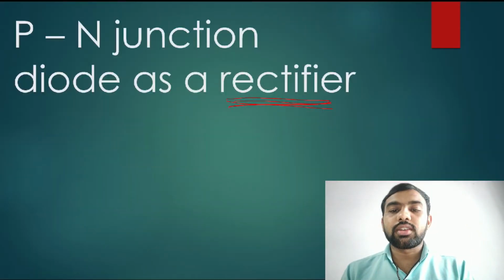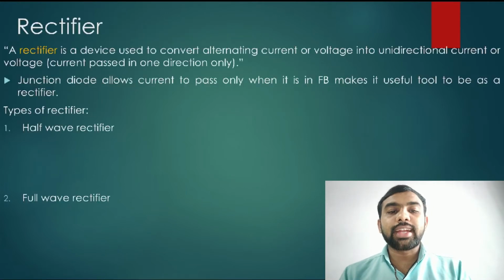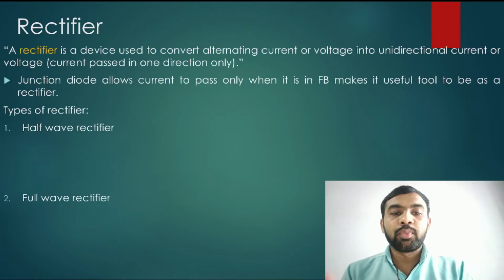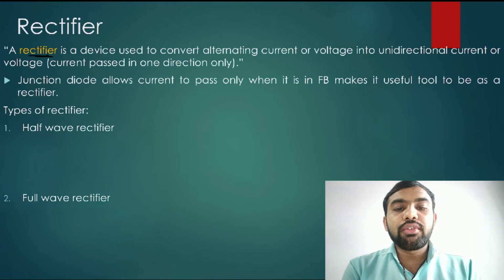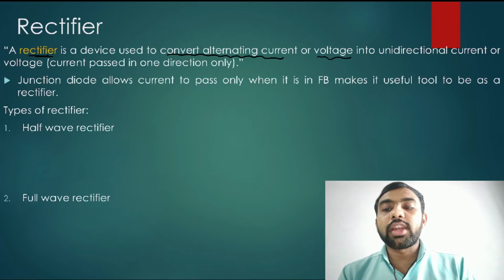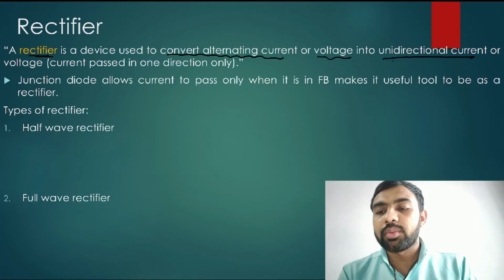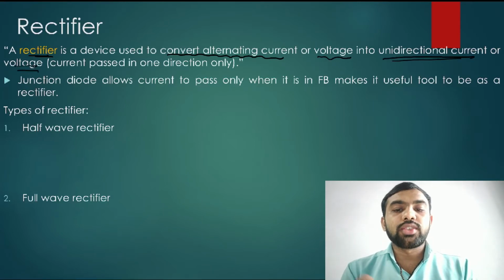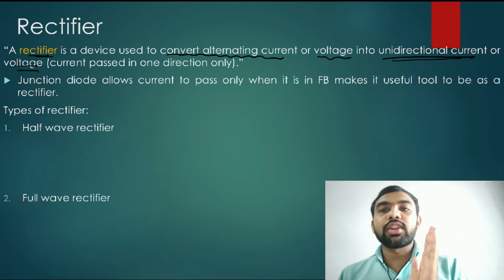Let's come back to the theory. What is a rectifier? A rectifier is a device used to convert alternating current or alternating voltage into unidirectional current or unidirectional voltage, meaning current passes in only one direction.